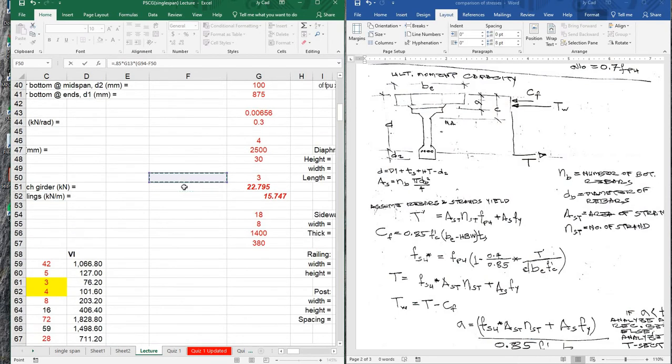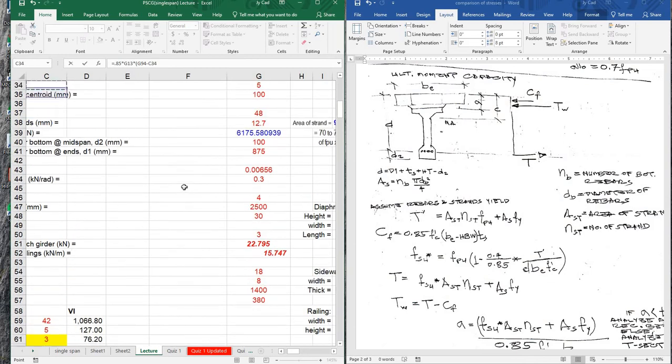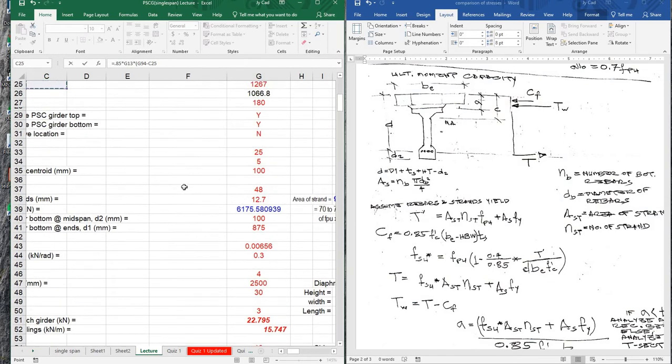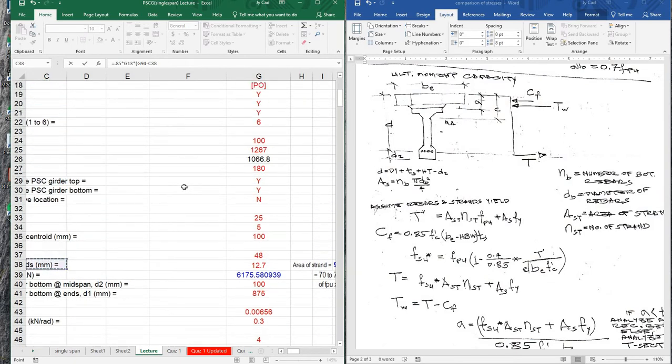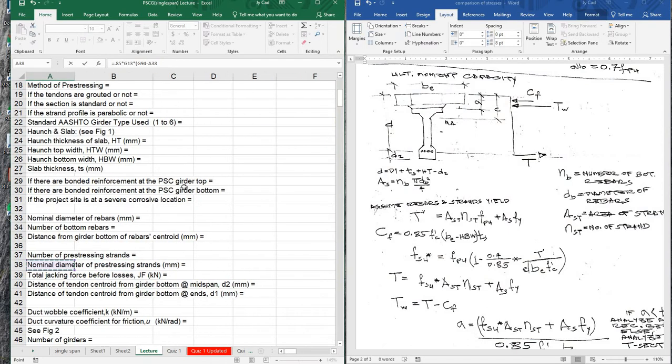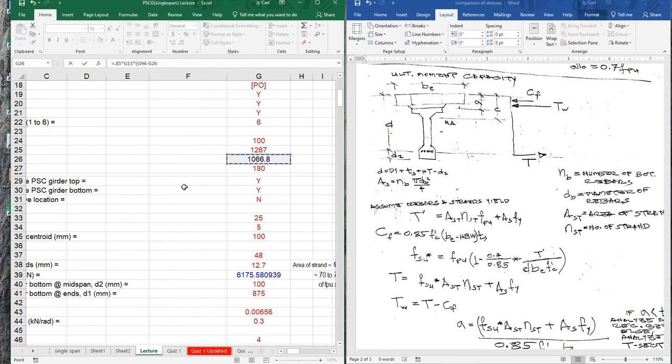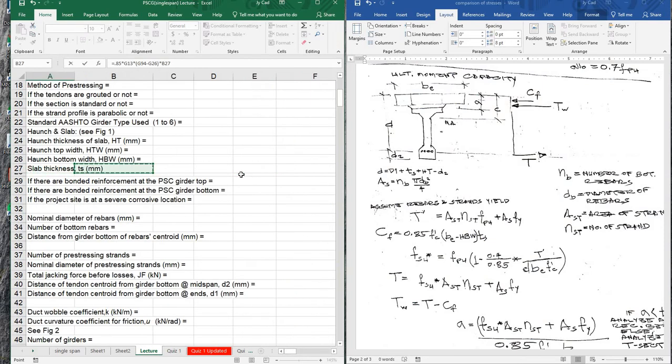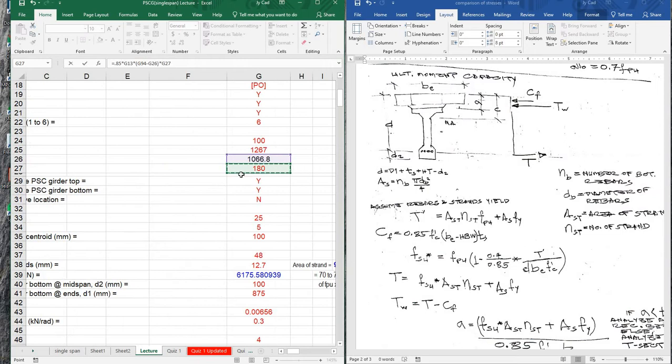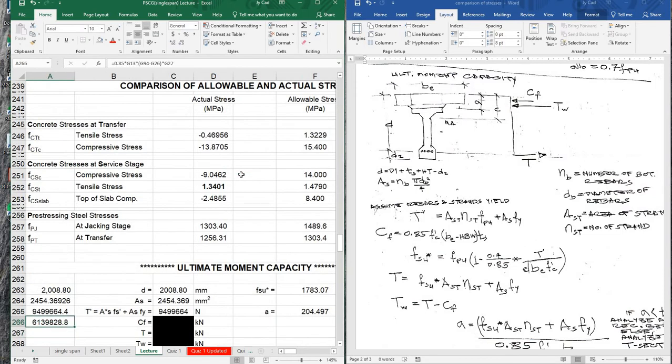Dito yan sa given. Ayun. And then multiplied by thickness of slab, TS. Yan. Then I will press enter, and that is kilonewton, kaya i-divide ko siya ng 1,000.